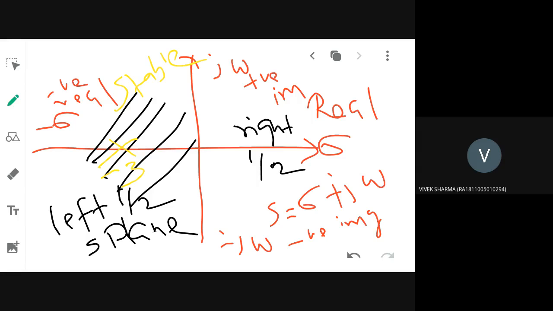Right half. Suppose you are having a root at 2, is it located in right half or left half? Right half. This is positive real, right half. So this region is the unstable region. Okay, understood? If it is on the left side, it is stable. If it is on the right side, it is unstable.